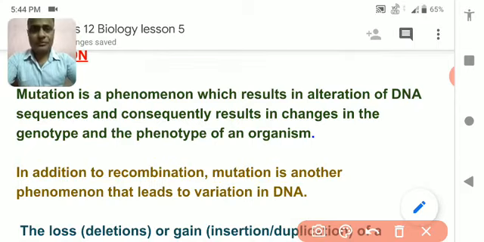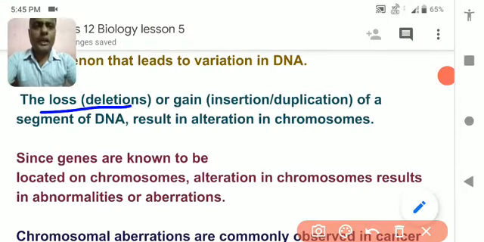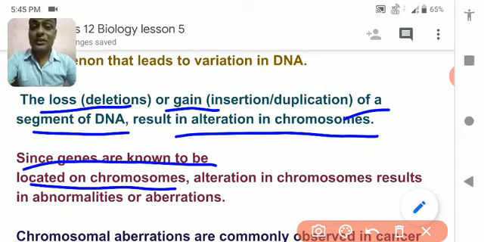Just wait. So the loss or gain of a segment of DNA causes the alteration in chromosome. Since genes are located on the chromosomes, alteration in chromosome results in abnormality.